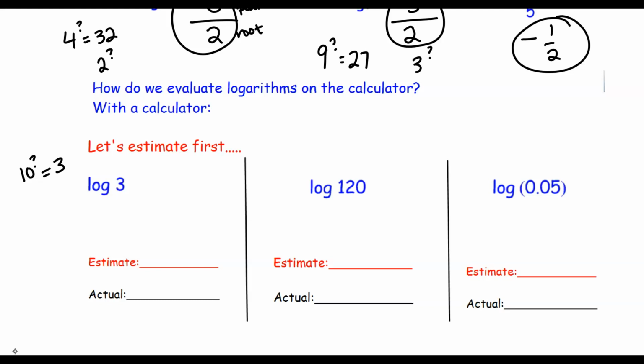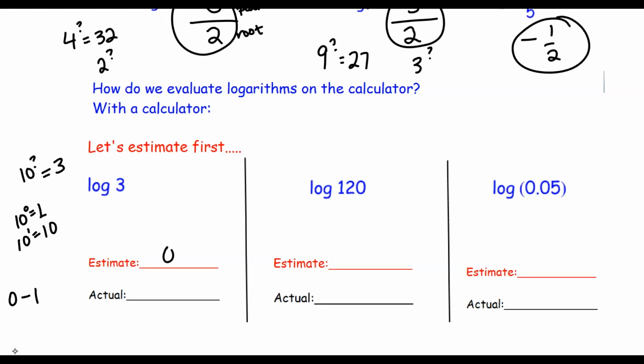10 to the 0 power is 1, and 10 to the 1 power is 10, and so 3 falls between those. So the exponent's going to fall between 0 and 1. But since 3 is closer to 1 than it is to 10, the exponent's going to be closer to 0 than to 1.